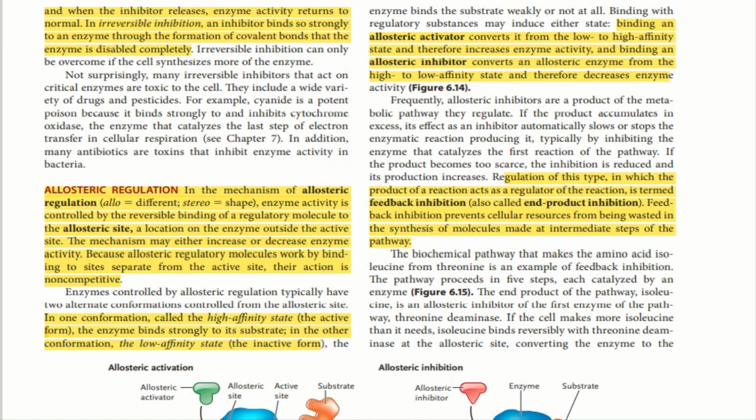Binding with a regulatory substance may induce either state. Binding an allosteric activator converts it from the low to the high affinity state and therefore increases enzyme activity, and binding an allosteric inhibitor converts an allosteric enzyme from the high to the low affinity state and therefore decreases enzyme activity.